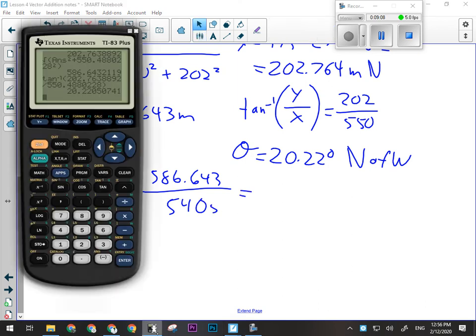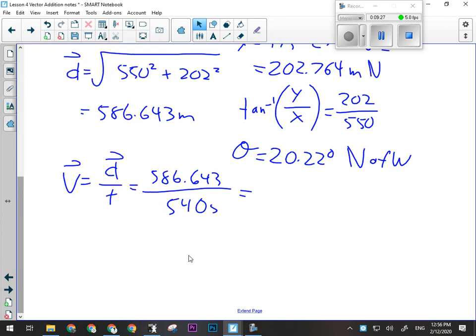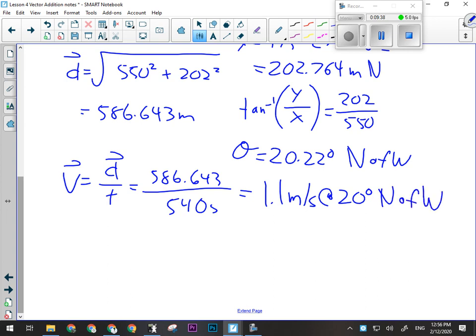So we'll take our 586.6432119 and divide that by 540 seconds. So our overall velocity is, to 2 significant figures, 1.1 meters per second at 20 degrees north of west.